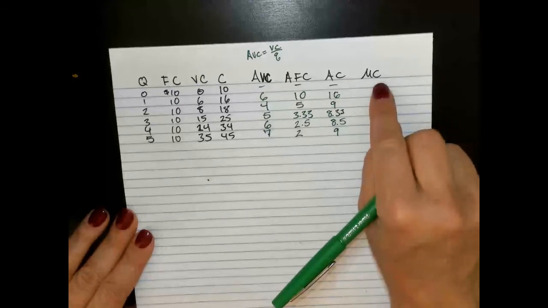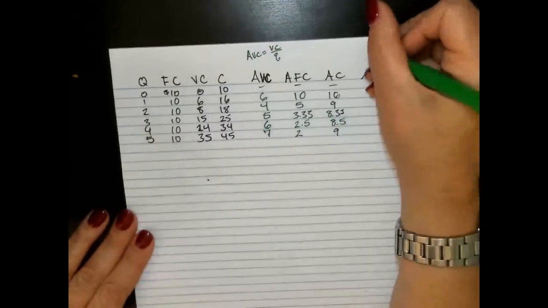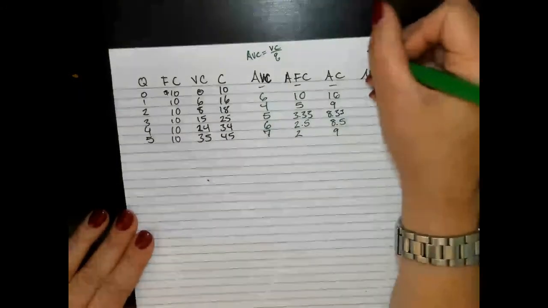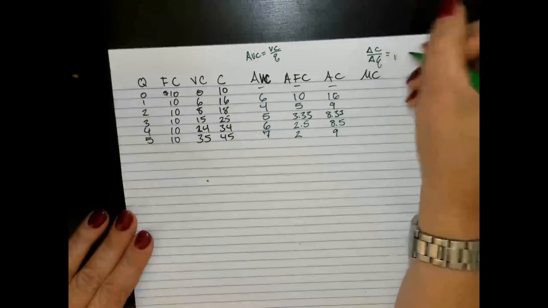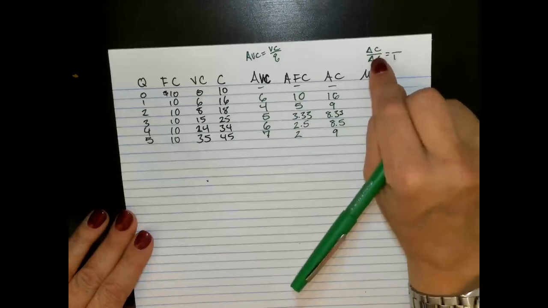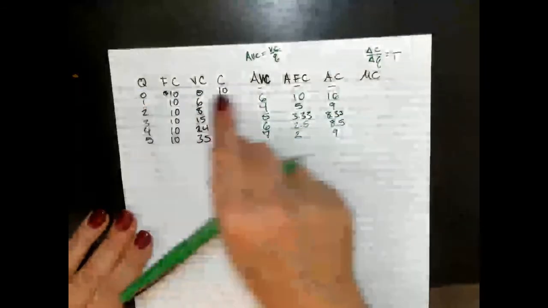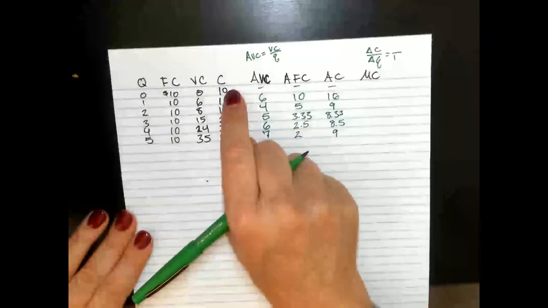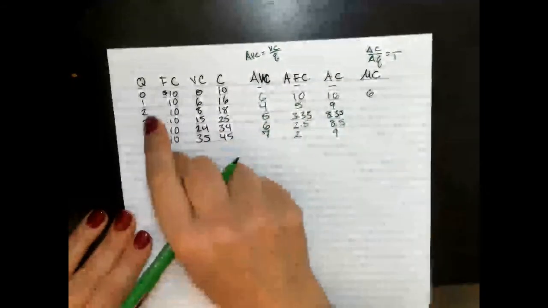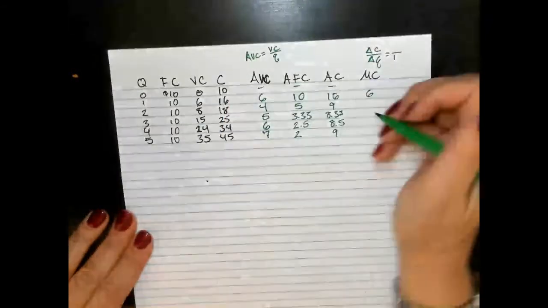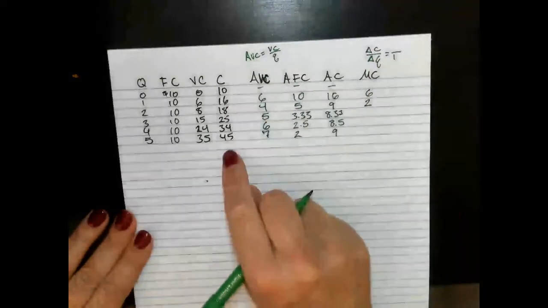And then marginal cost is just the change in total cost divided by the change in quantity. We're going to see quantity change by 1, and so we're just looking at the change in total cost. As we move from 0 to 1, we see total cost go from 10 to 16, so that's going to be $6. From 1 to 2, total cost goes from 16 to 18, so that's $2 in marginal cost.